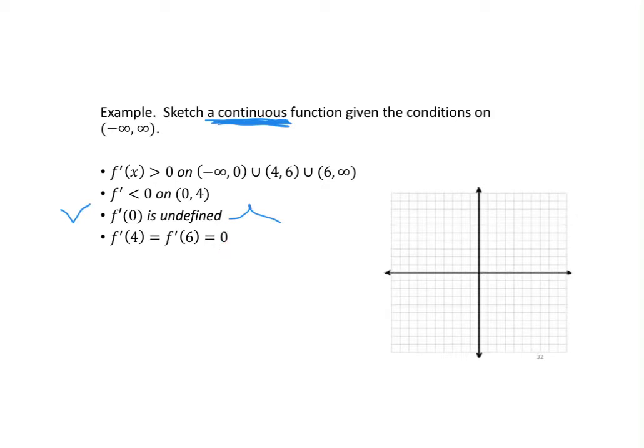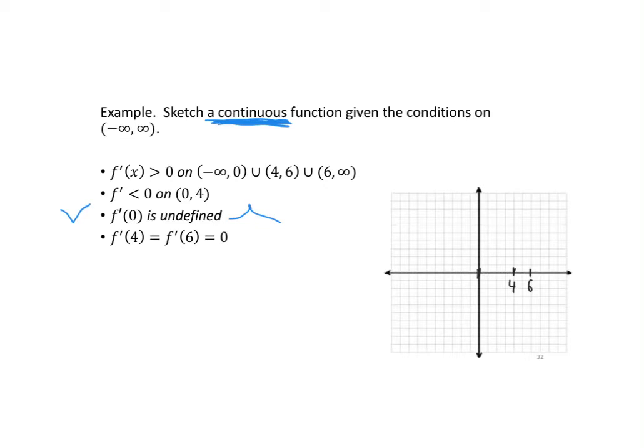So I'm going to start by marking my important points. Here's 4, and here's 6, and 0 is at the origin. Okay, well, where do we want to start?